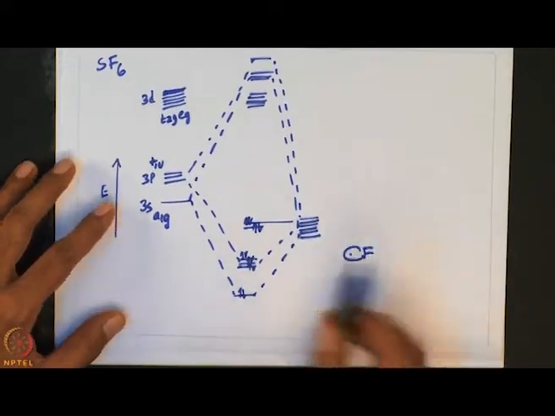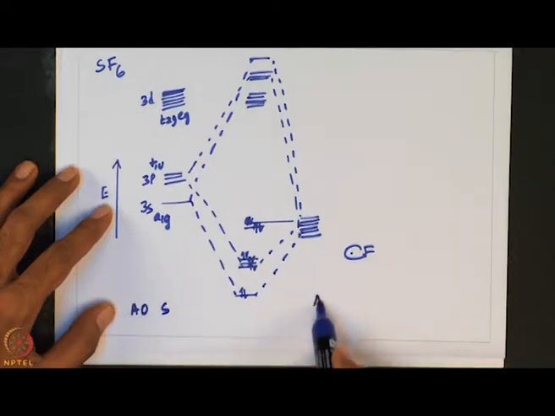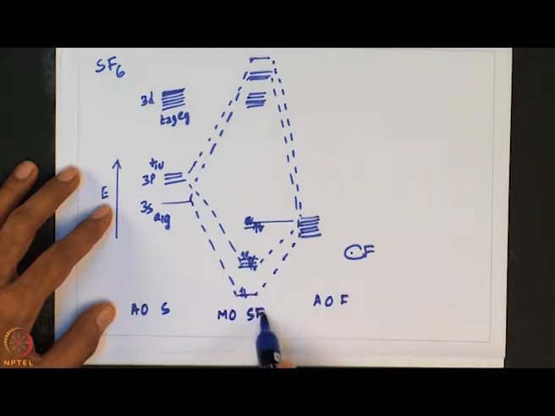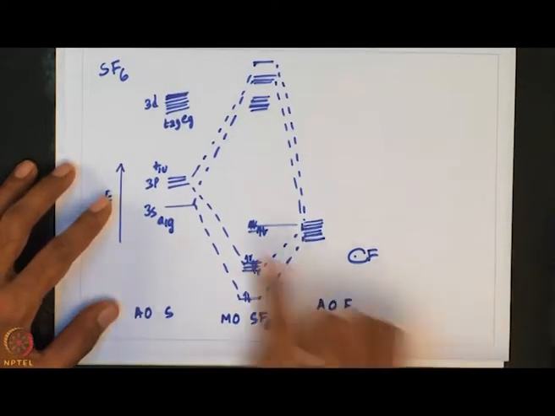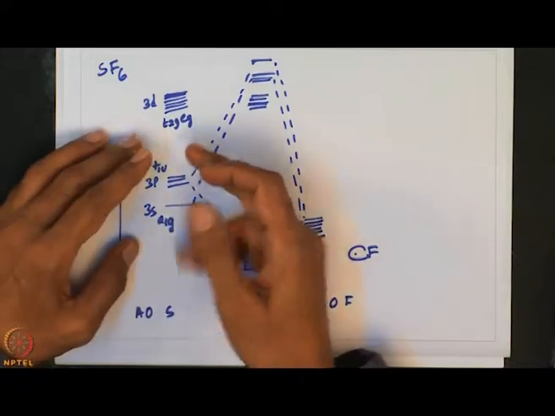So, if you look at the atomic orbitals of S, atomic orbitals of F, and the molecular orbitals of SF6, the energy of 3d orbitals is too high to interact with F orbitals.